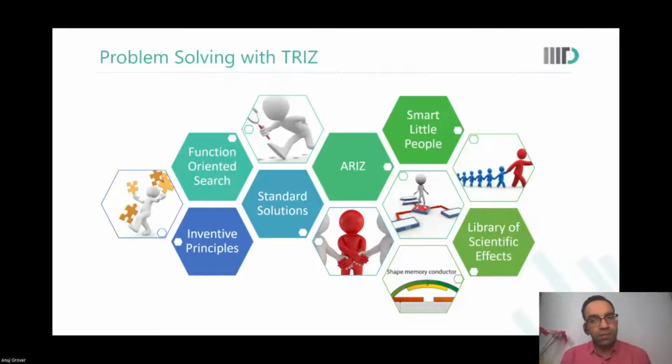So there are 40 inventive principles that we will use, play with, and see how to implement them in different ways. We will look at the first level of abstraction where we do the technical contradiction matrix. Then we will look at the second level of abstraction where we will come to physical contradiction.